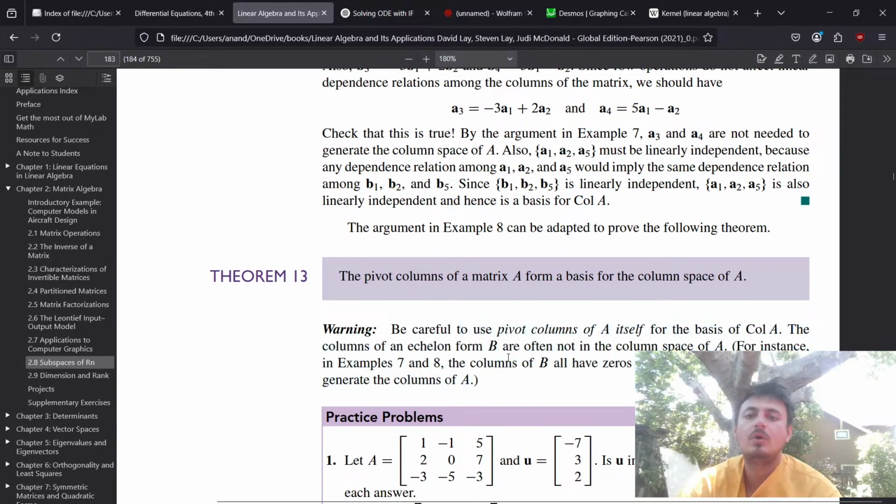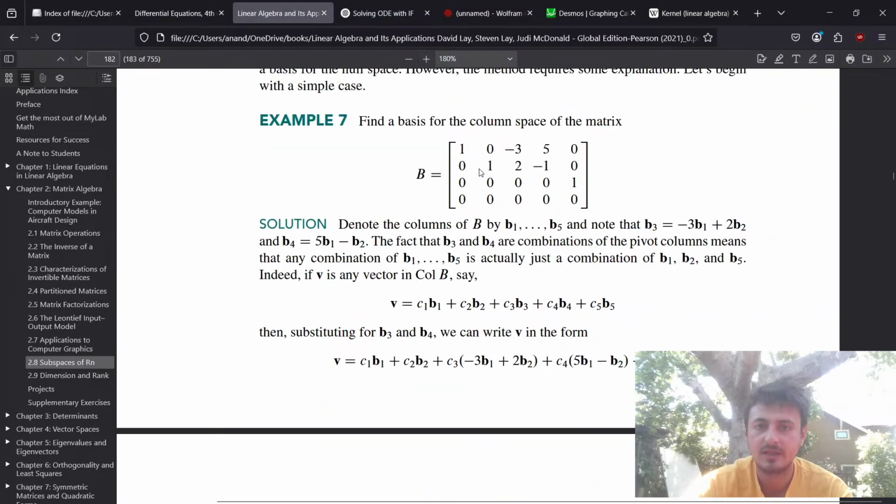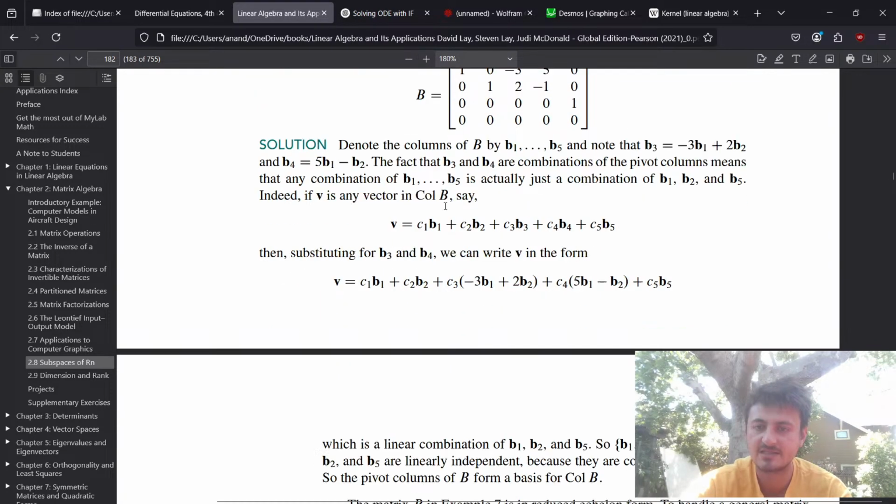Oh, that's wild. The pivot columns of A form a basis for the column space. However, you have to use the pivot columns of A, because if you use the echelon form B, like, see here we have 1, 0, 1, and 0, 0, 1, and the last is all 0.